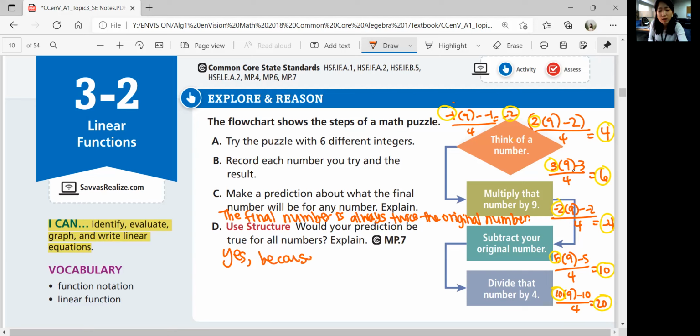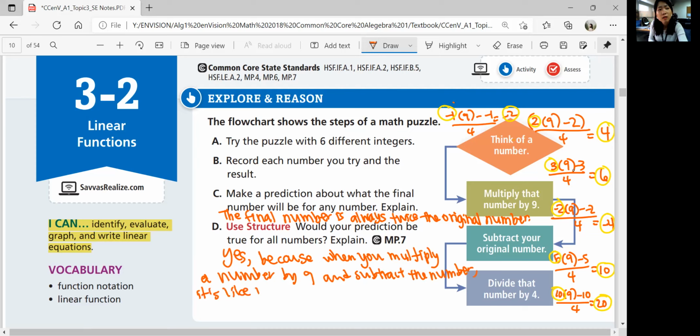So let's record that. Because when you multiply any number by 9 and subtract the number, it's like multiplying it by 8.